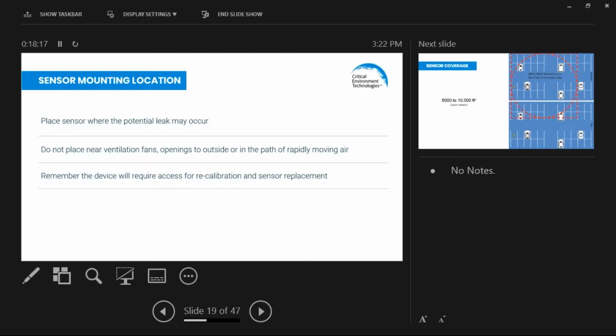And as you're placing these sensors, you're going to try and keep in mind that eventually they require service or replacement. So you want to make sure that they're accessible. So in a chiller room, if they're thinking about adding a second chiller, you want to make sure your sensor isn't right on the wall where they're going to put that second chiller, that type of thing.